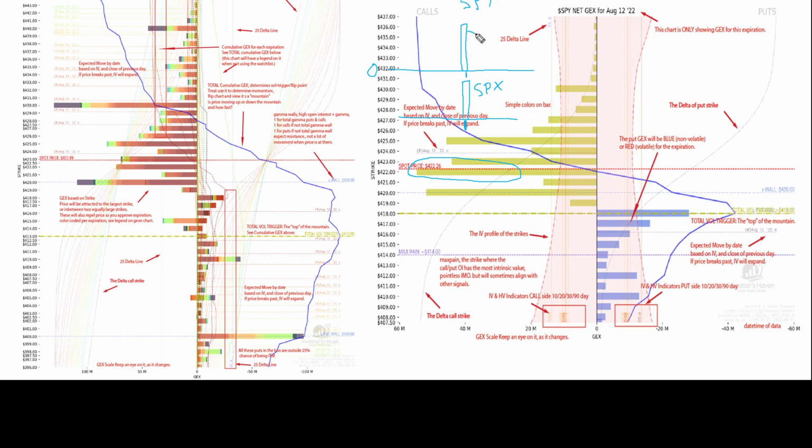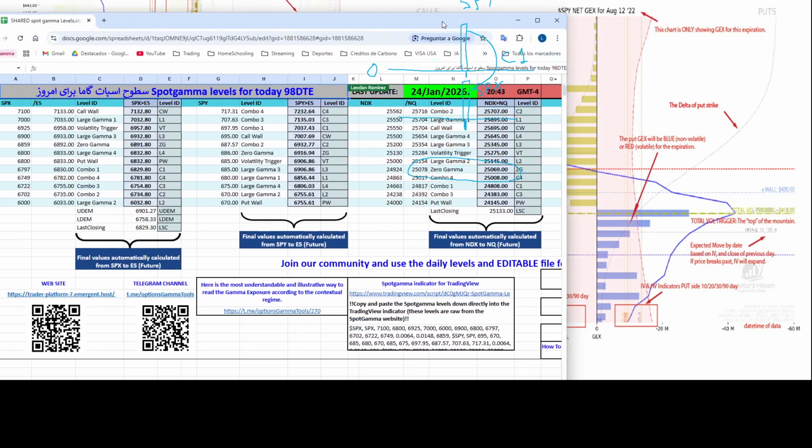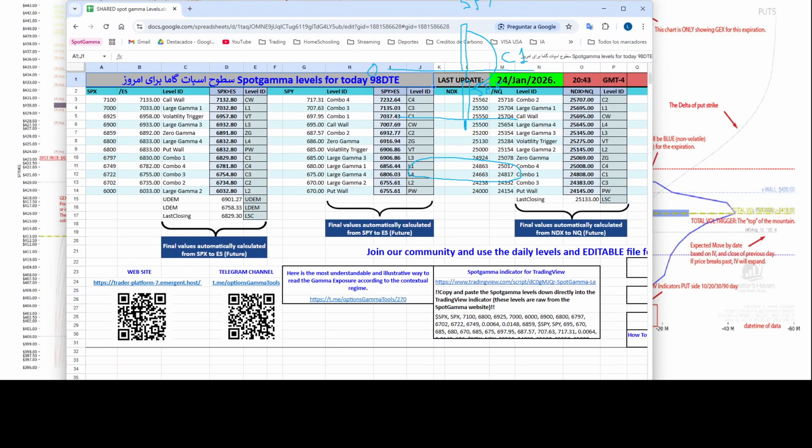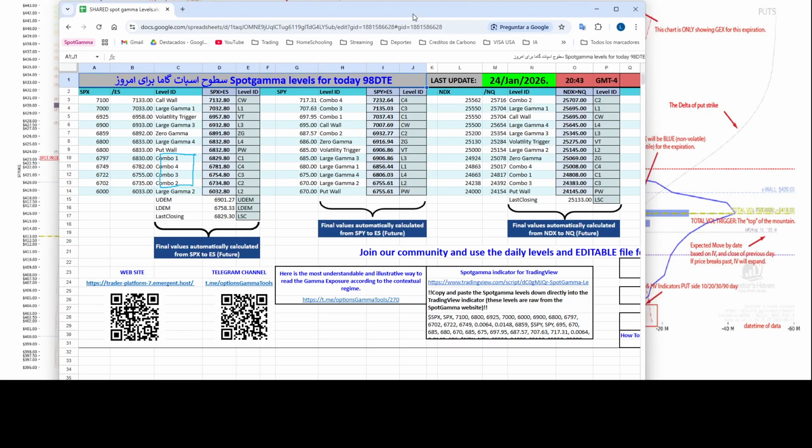In this case, this is named combo 1 or combo 2 or combo 3, mixing both gamma. For that reason, SpotGamma classifies this information as a combo.